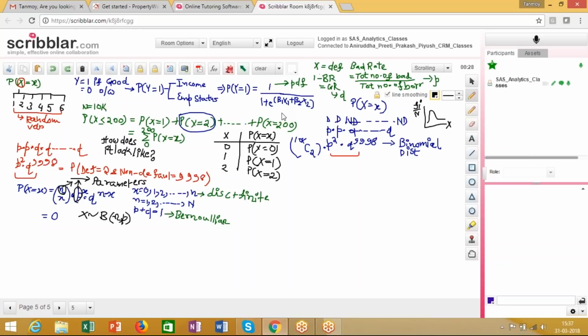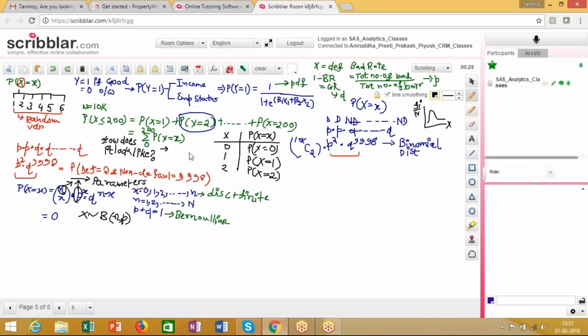Now the question is, for the binomial distribution, have a look at this function. Given x equal to 0, I'll get the probability of x equal to 0. Given x equal to 1, I'll get the probability of x equal to 1. Given x equal to 2, I'll get the probability of x equal to 2, and so on.